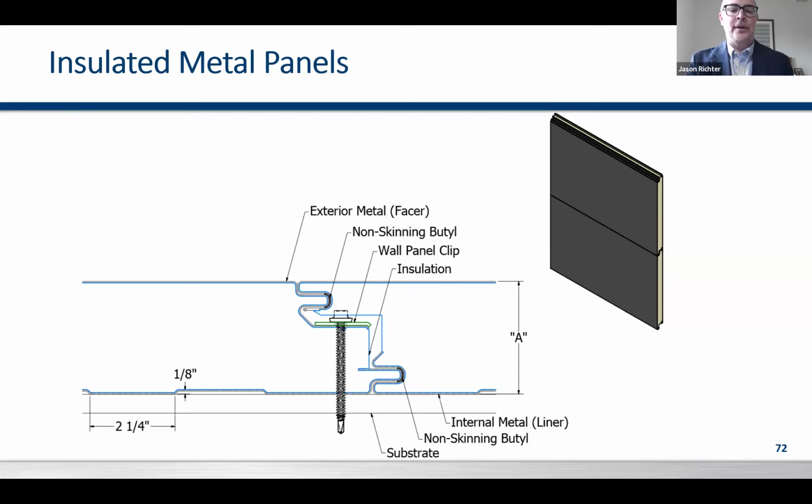You'll put in the double tongue and groove assembly two beads of non-skinning butyl. That's your vapor seal. And then you have a thermally isolated clip and fastener, and there you have your CI. So with an exterior and interior face, usually 26 and 24 gauge, sometimes 24 and 22 gauge, you have an all-in-one building envelope product here.